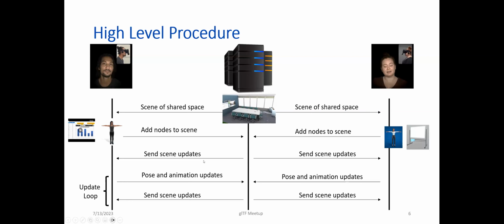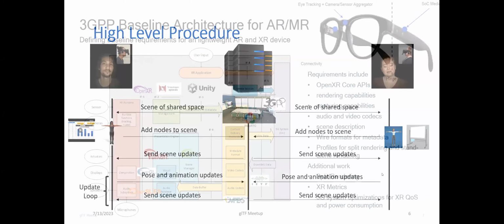So new users might be coming in, you adding new objects and so on, but you can interact with your pose, your animation, your triggers into the scene, and then the scenes are again sent and updated. So you basically need an exchange format to dynamically describe the scenes, to contribute to the scene, to aggregate different objects. So that's one of these use cases that shows that scene exchange is an important topic.